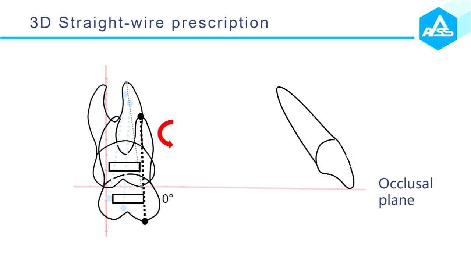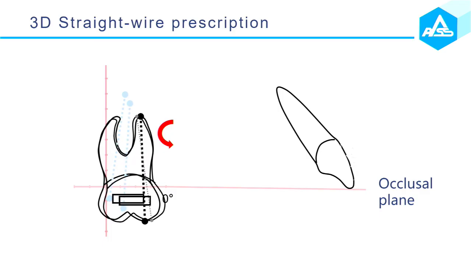And the molar will still erupt during growth. So it will move forward and downward. Then you may see it move even more forward than natural growth if using a straight wire.